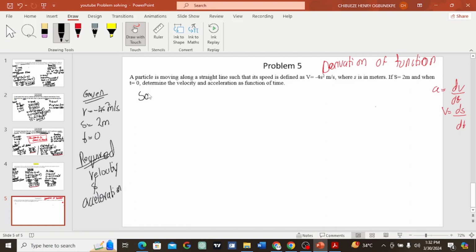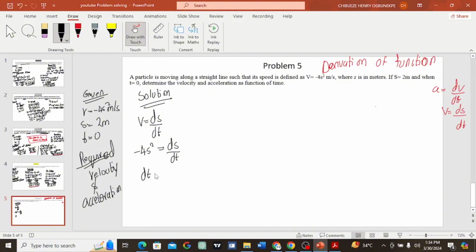Our solution here will be using v equals ds over dt. That's for finding velocity, where our v here is negative 4s squared equals ds over dt. In order for us to solve for the velocity, we first have to find s.